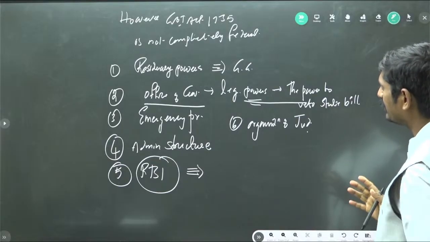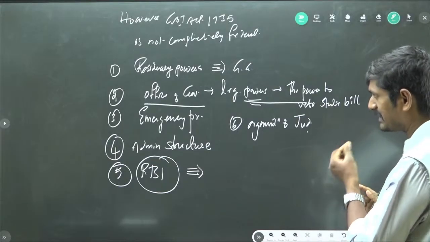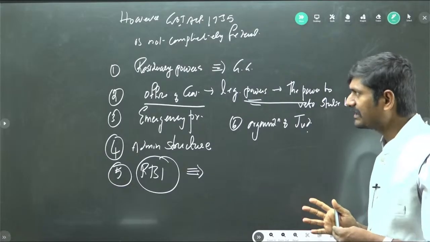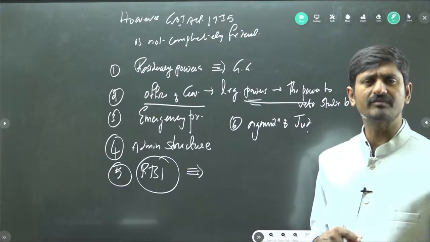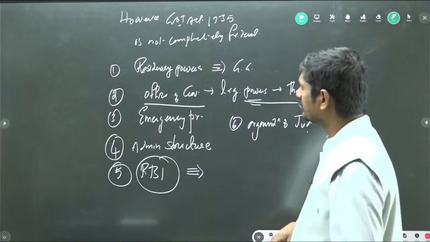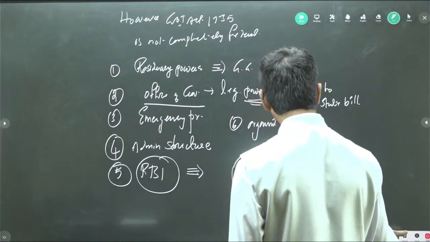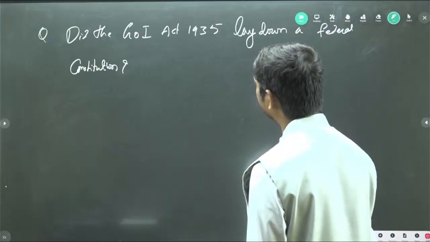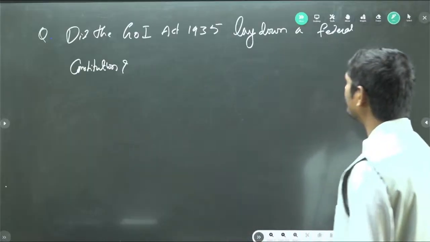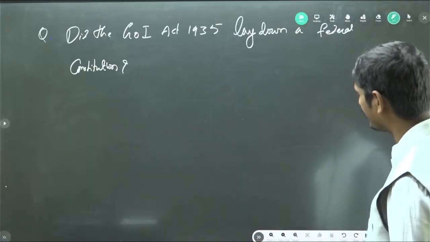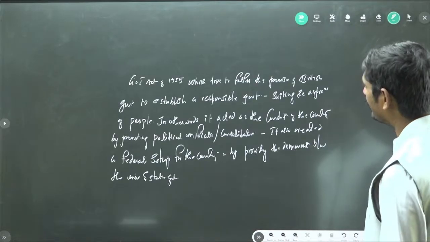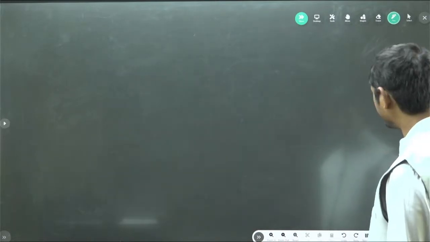So that is how our constitutional philosophy is grounded on certain aspects of the Government of India Act of 1935. Looking at all these points, what is the question? Did the Government of India Act of 1935 lay down a federal structure, a federal constitution? Yes, it has laid down the federal constitution by means of these features.